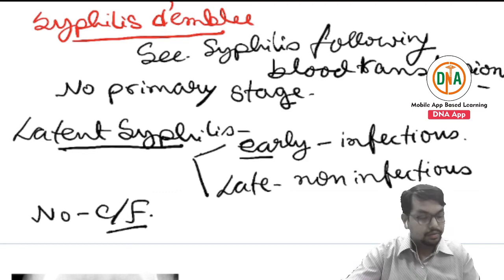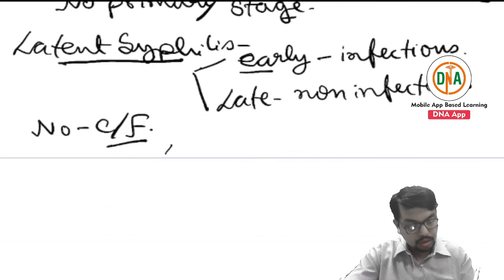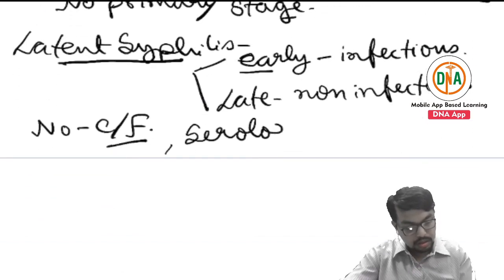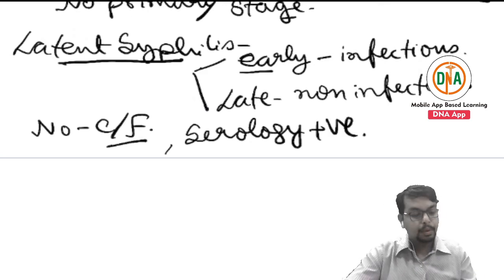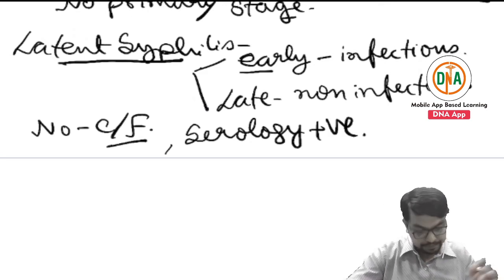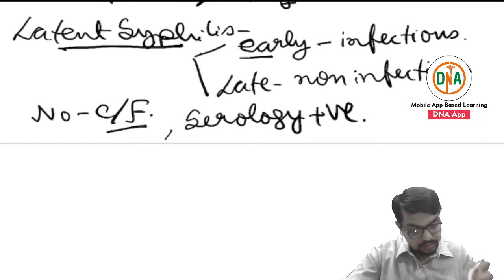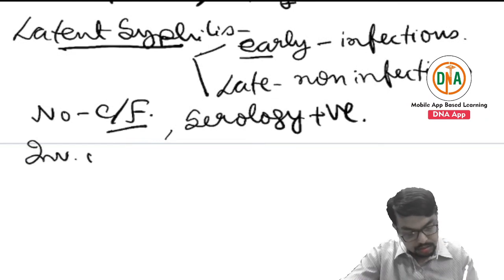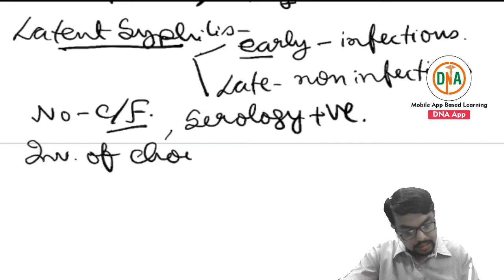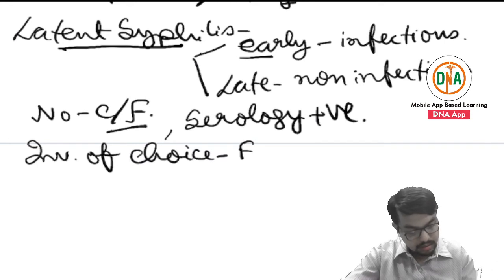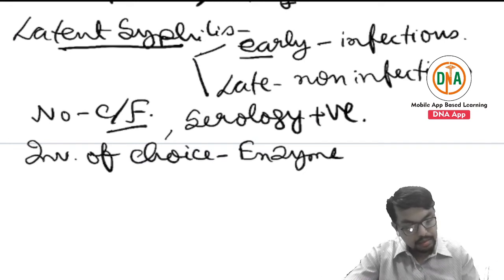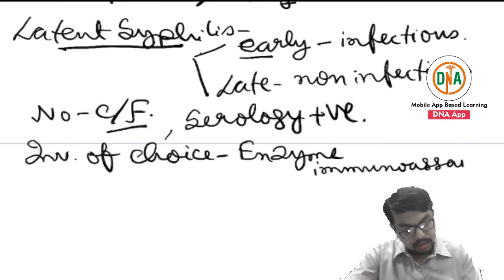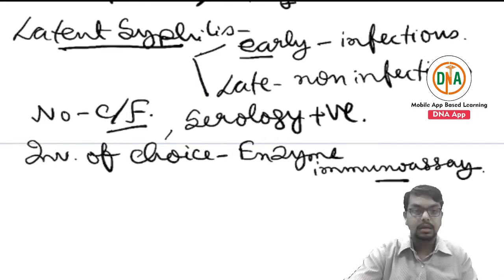In the latent phase, there will be no clinical feature. You will get only positive serology. So, the investigation of choice for latent syphilis is enzyme immunoassay.